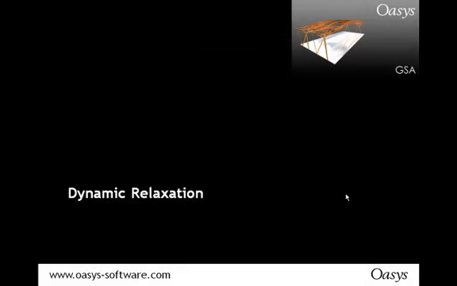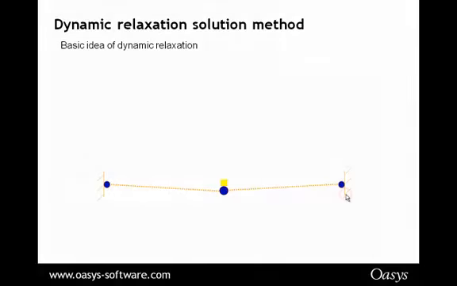Now how does it work? GSA uses a method called dynamic relaxation for the non-linear analysis, or GS Relax, you might have heard it called, which is the name of the solver within GSA for non-linear.